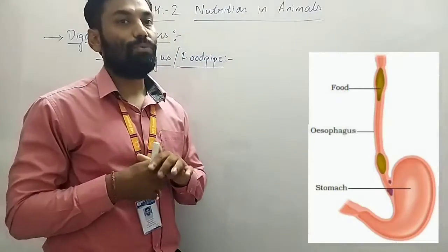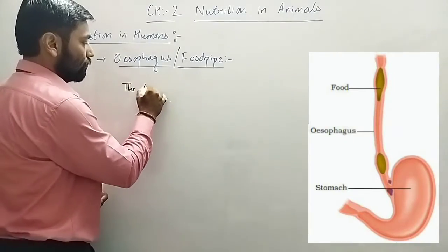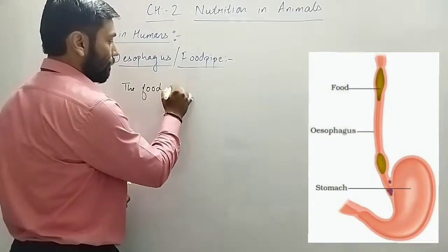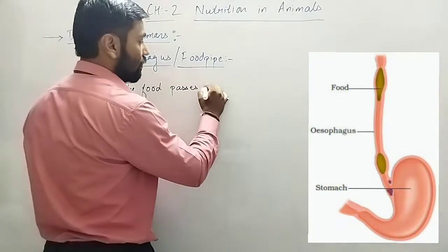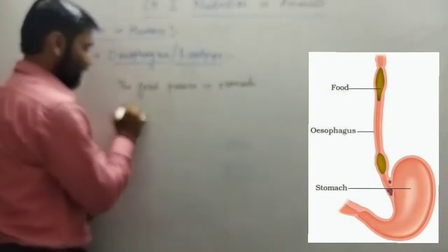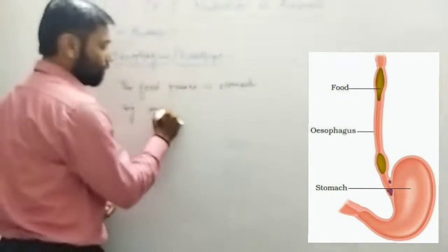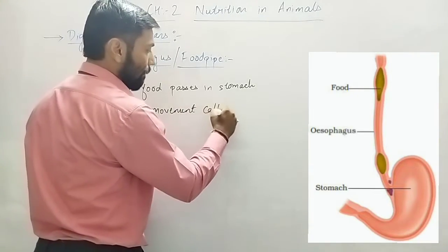How does it pass the food into the stomach? As you can see in the figure, the food passes into the stomach by a movement called peristalsis.